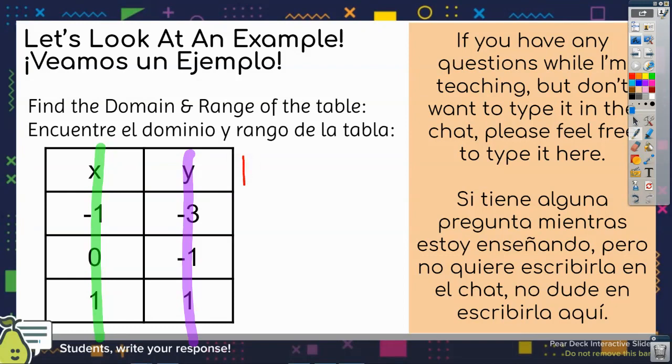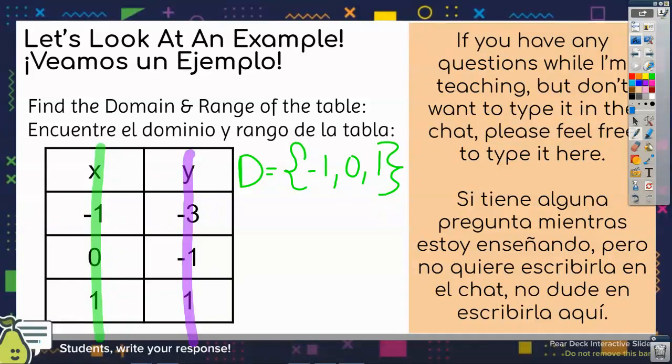D for domain equals, we use our fancy bracket, and then we just list all of our x's. So -1, comma, 0, comma, 1. That's my domain.